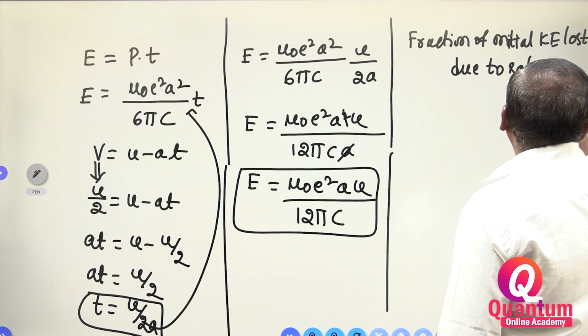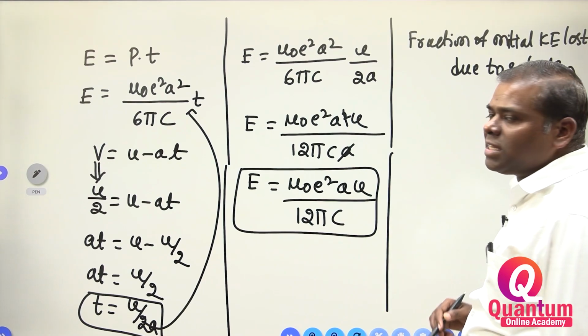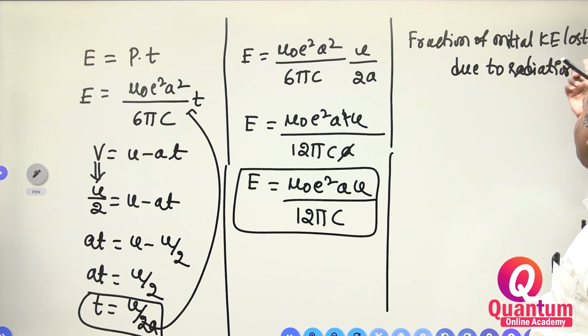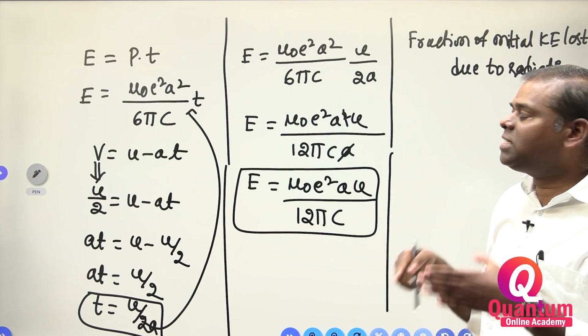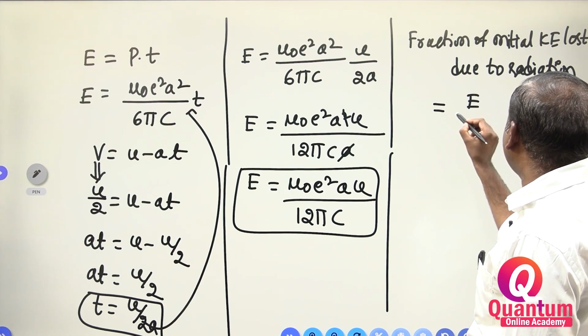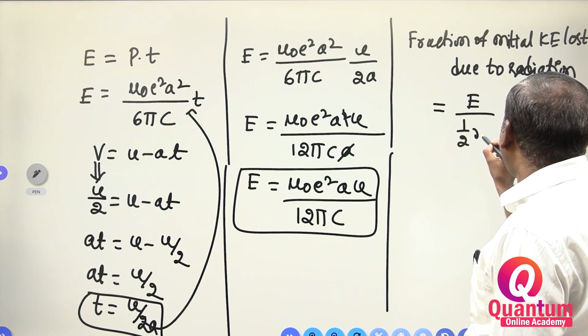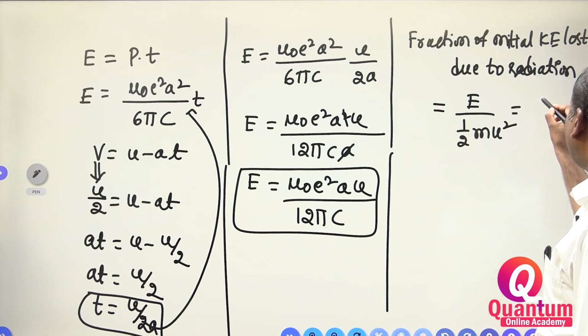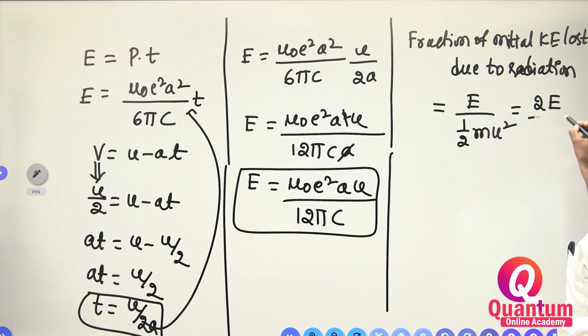Due to the radiation, some energy is lost. That energy they are asking: the fraction of initial kinetic energy lost due to the radiation is equal to E divided by 1 by 2 m u square. This is the kinetic energy. So you write 2E divided by 1 by 2 m u square.